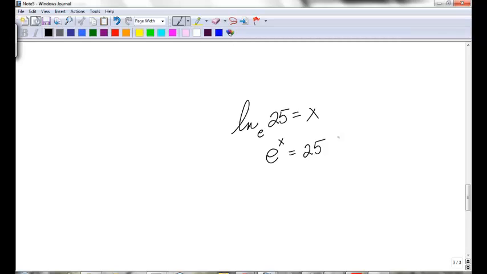Okay. So if I looked at that, it's e to what power equals 25, right? So figure the natural log on your calculator. Do the natural log of 25. Okay, and that's the 3 point. So it's really saying e to the 3.219 equals 25.